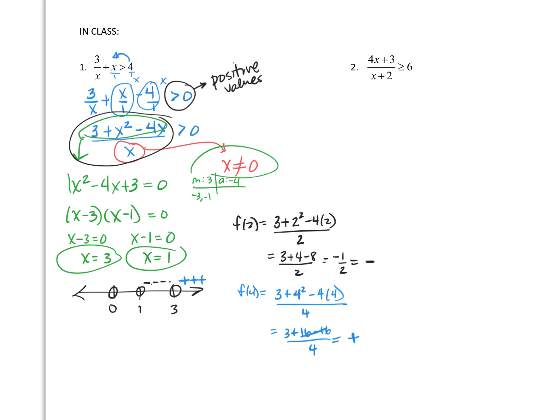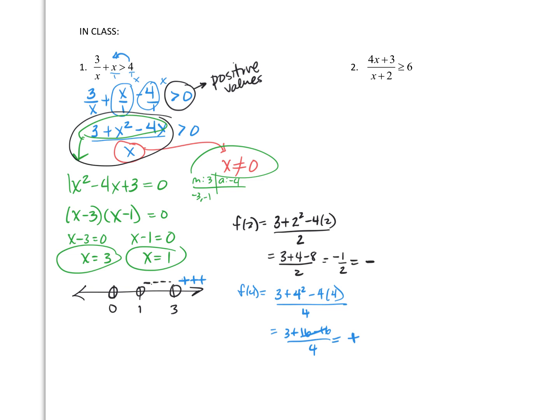So if I look at my calculator, I'll switch over real quick and I'm going to put this equation in. y equals, clear that out. And I'm going to put it in with my fraction the way I have it here. So 3 plus x squared minus 4 over x, right? And then I graph it.